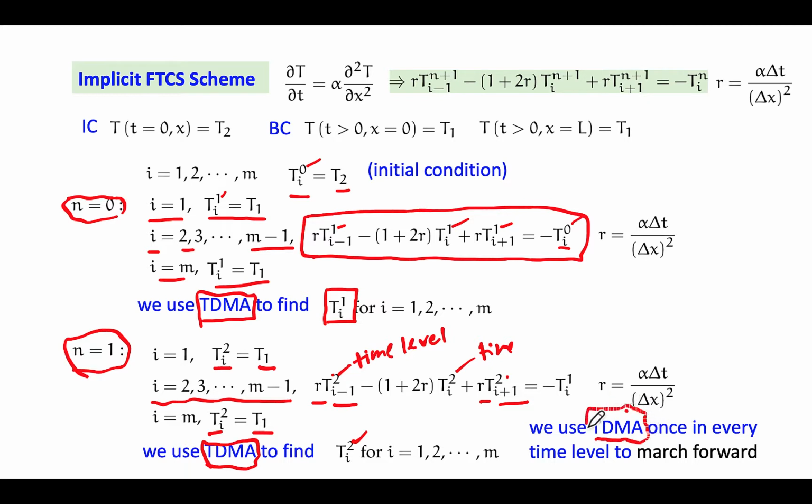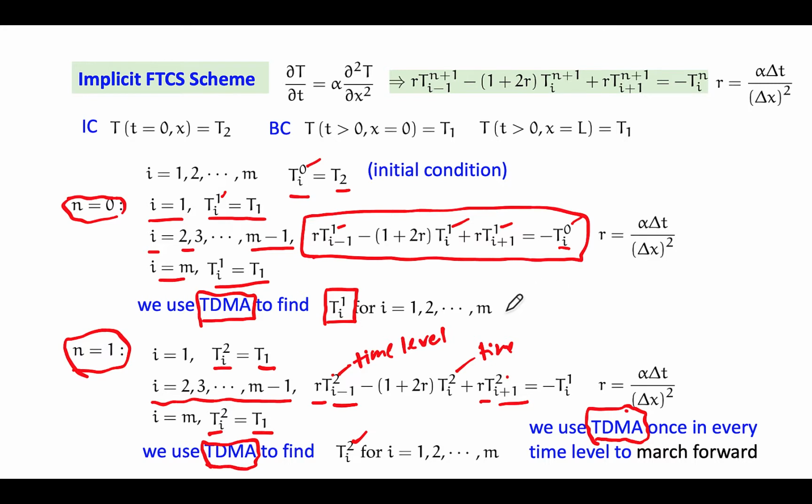So the previous problem that you have solved in exercise 1, that was steady state heat conduction problem, where you have solved this tridiagonal matrix solver, this Thomas algorithm you have used only once, and that was it. Here it is not so.